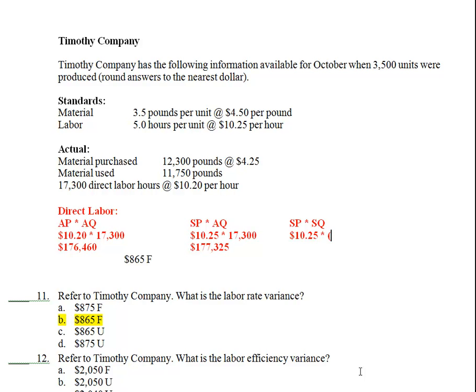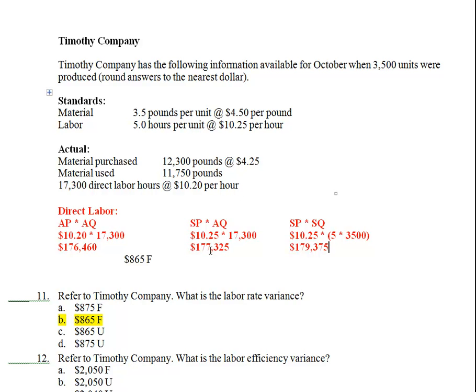Then for the third column, your standard price is $10.25. Now you've got to fill in for the standard quantity. So what you know about your labor is that you thought it would take 5 hours to make a unit. You actually produce 3,500 units. That's just coming from your very top paragraph. So $10.25 times 5 times 3,500 is giving you 179,375.